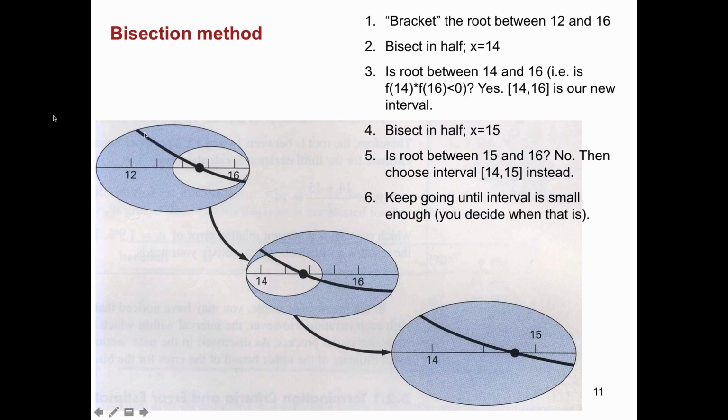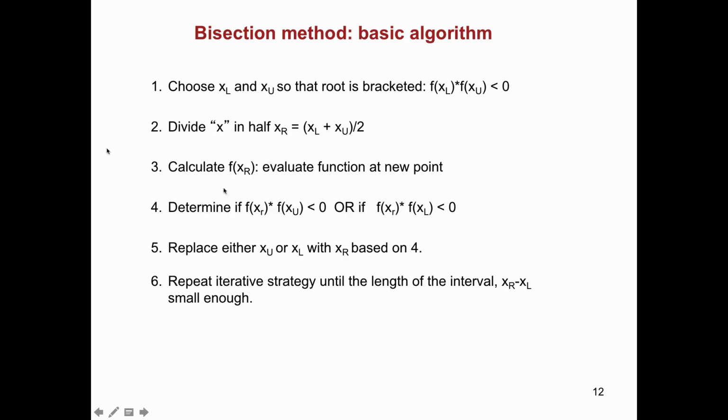Otherwise, if actually this was the interval to keep, then I would say, okay, my upper bound is not 16, but it's 14 now. Yes? So my check with an if statement, somebody mentioned an if statement, will be like this. I should have called this L, so I'm going to call this midpoint XR.